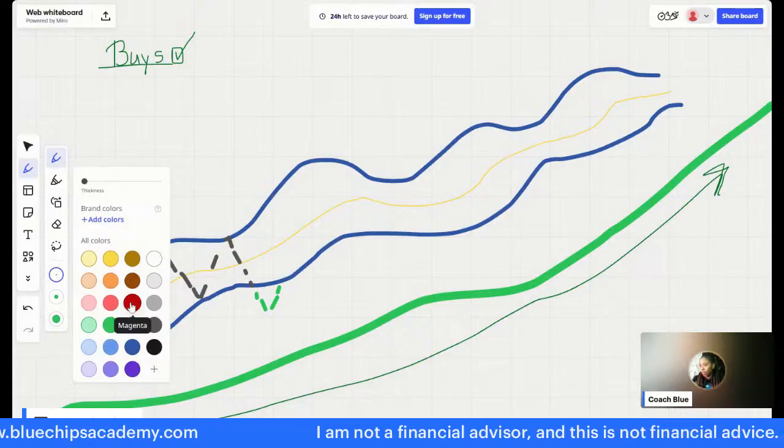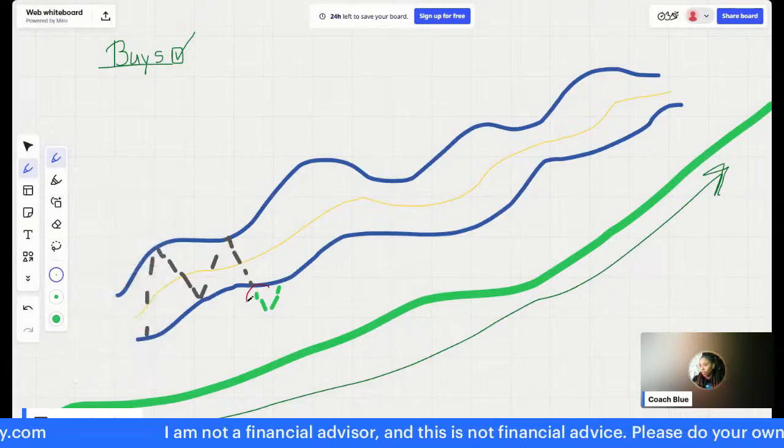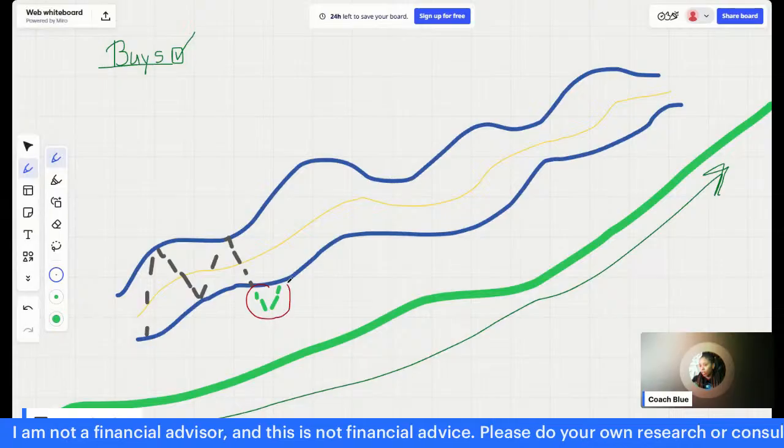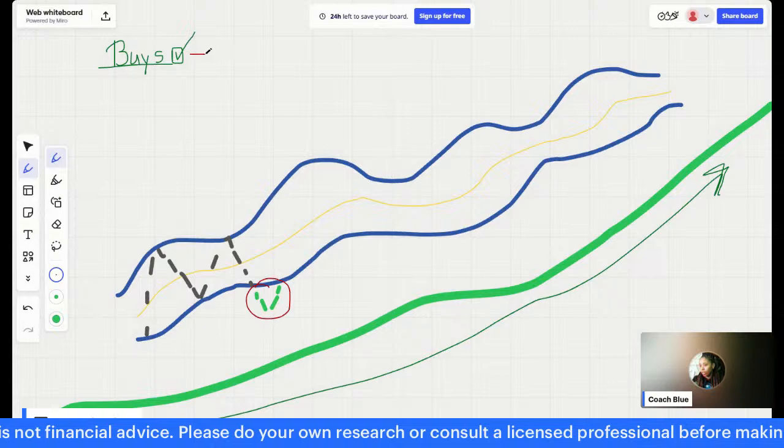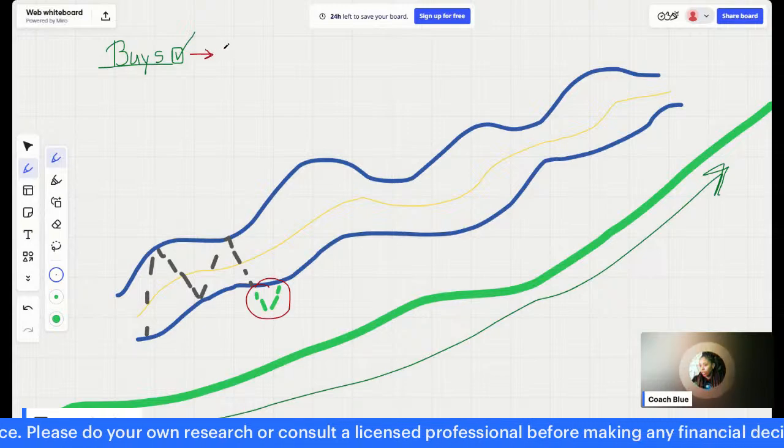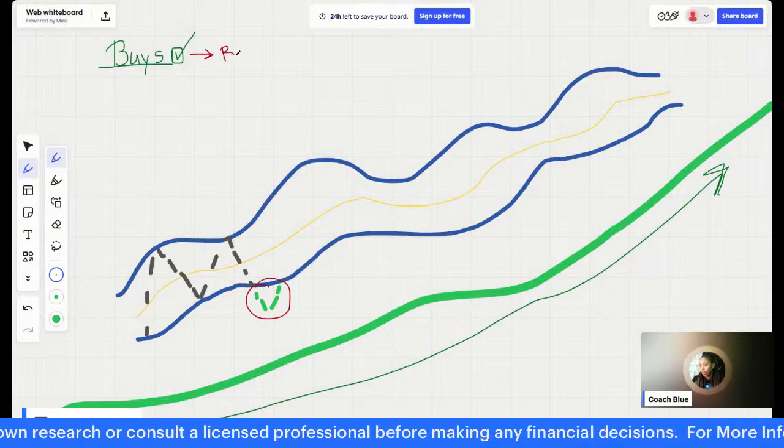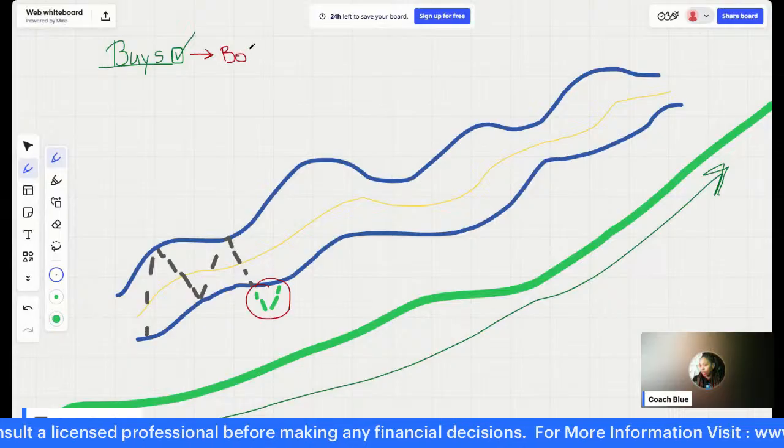So when we're looking for buys, we need to look for price to pop out at the bottom of the Keltner.